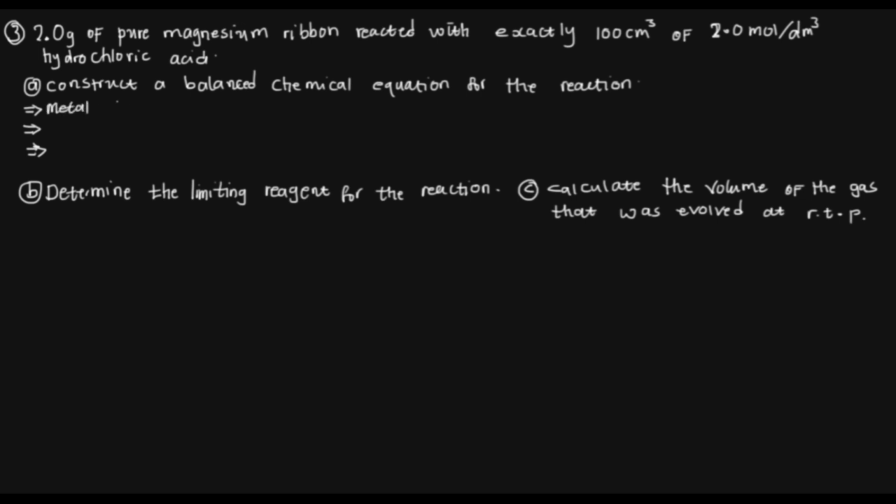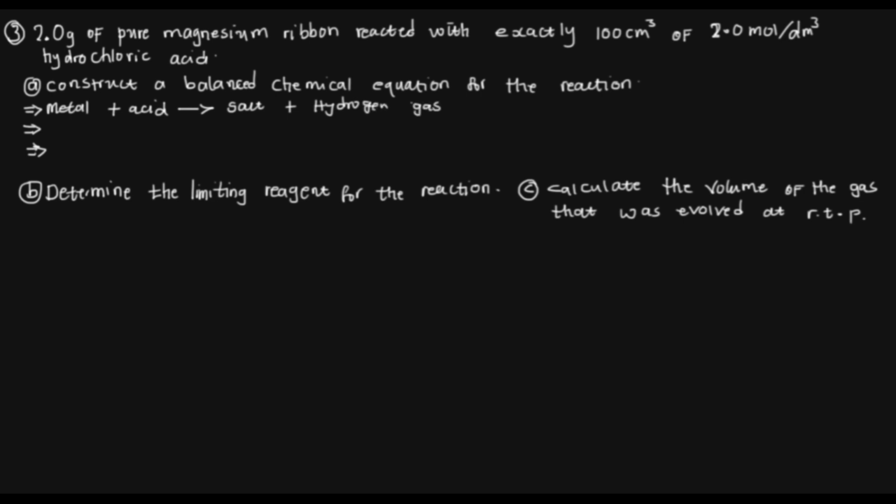So our metal in our case is pure magnesium plus an acid. So it is a reaction between a pure metal and an acid. The products are salt plus hydrogen gas.